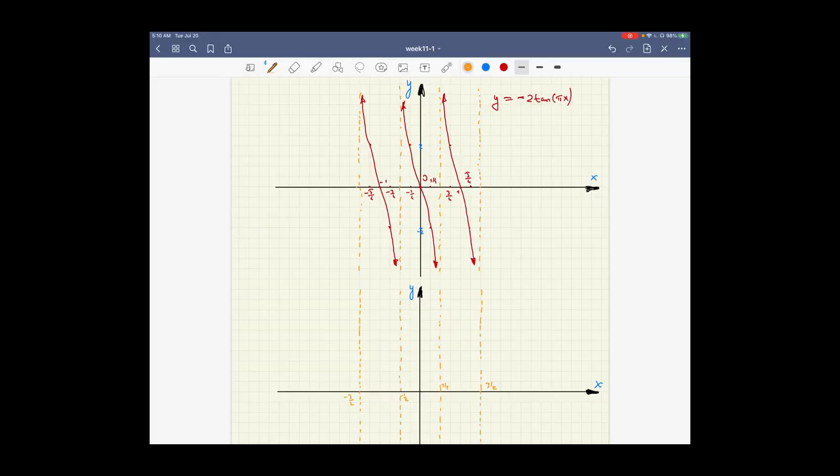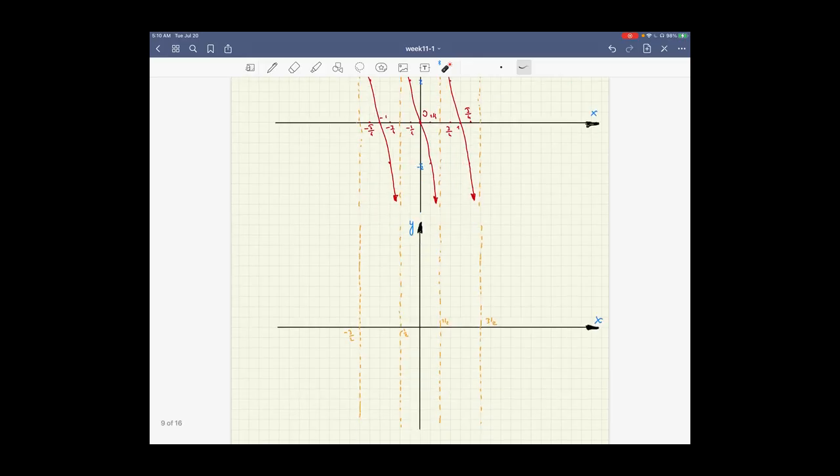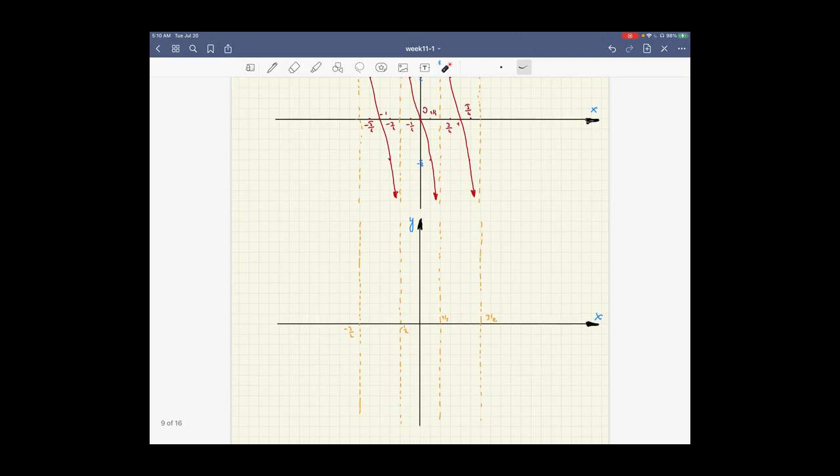Now, what happens with the graph? We shift it downward by 1 unit. So all zeros, -1, 0, and 1, will now be the points with y coordinate -1.